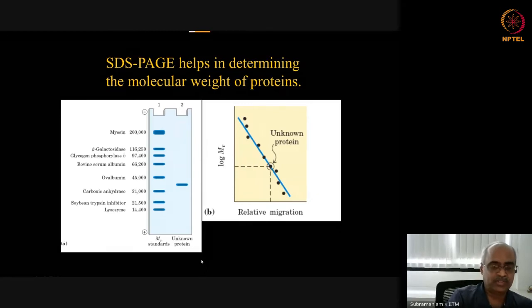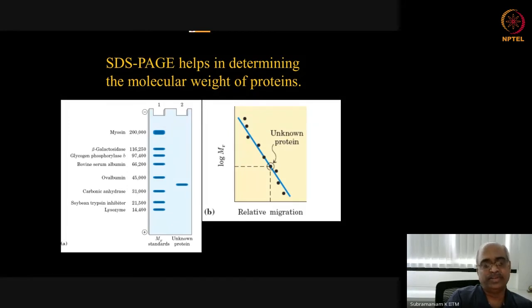There are other more sophisticated methods, but this is the most practical and reliable way of determining the molecular weight of proteins. Other methods may be affected by the shape and other factors.